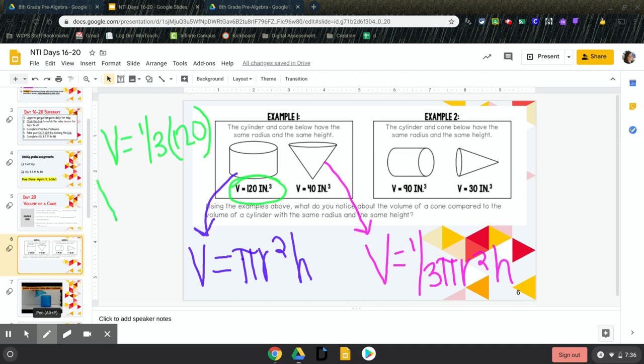That's also the same as saying the volume of the cylinder divided by 3. That's the same thing. So either way that you want to do it, okay? So 1/3 of 120, or 120 divided by 3, is 40.